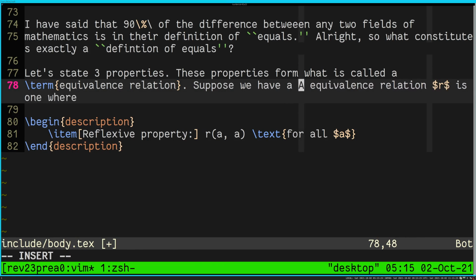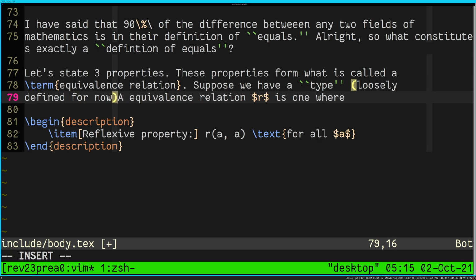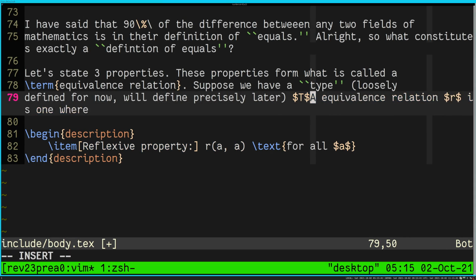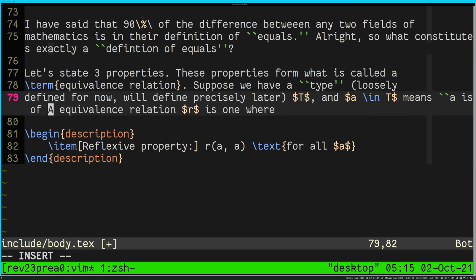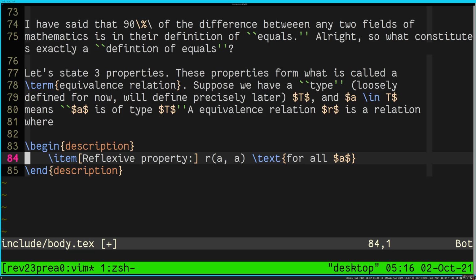Suppose we have a type, loosely defined now, we'll define it precisely later, T, and A in T means A is of type T. Is an equivalence relation R a relation, where he knows relational algebra?